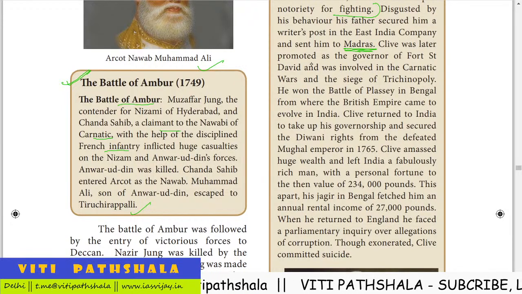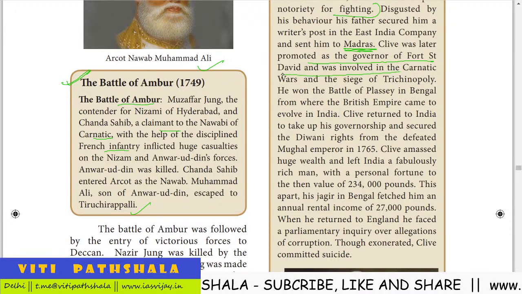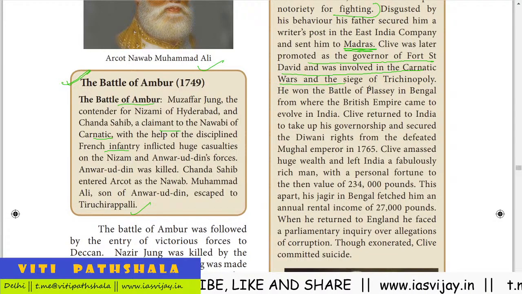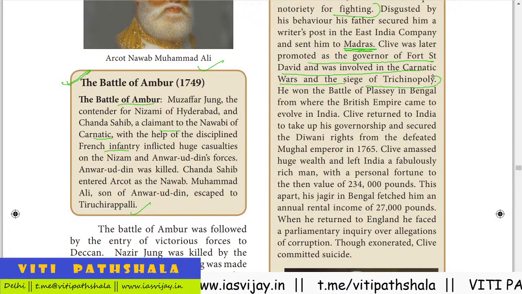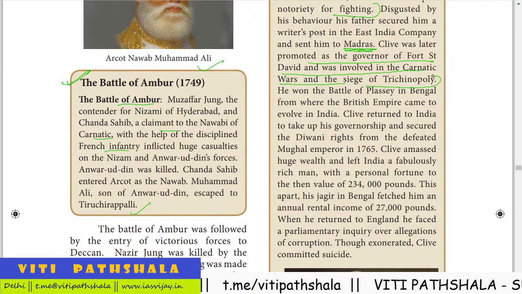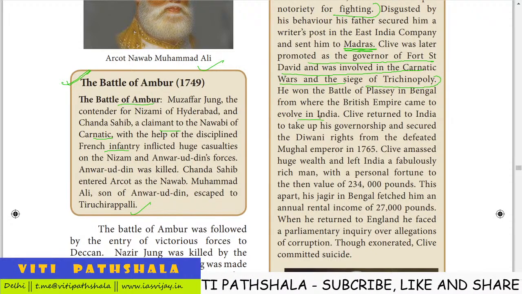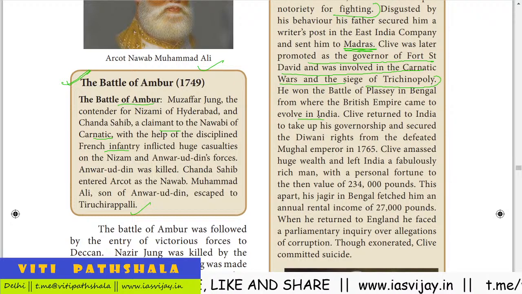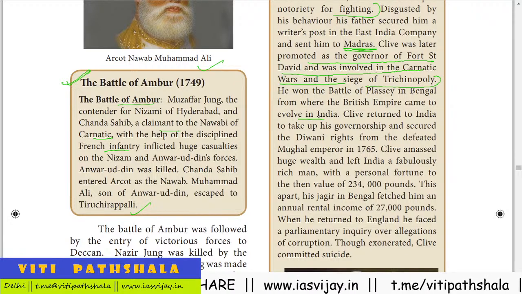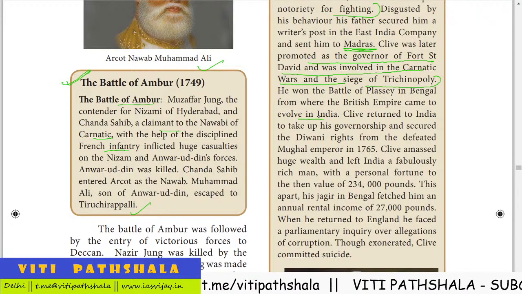Clive was later promoted as the governor of Fort St. David and was involved in the Carnatic Wars and the siege of Tiruchirappalli. He won the Battle of Plassey in Bengal, from where the British Empire came to evolve in India. Clive returned to India to take up the governorship and secured the Diwani rights from the defeated Mughal emperor in 1765.